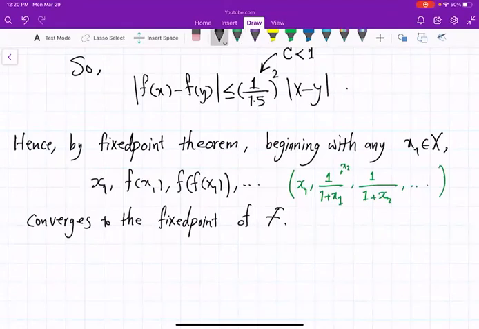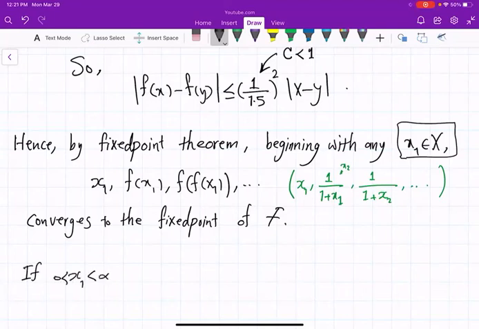The problem now: have we solved the problem completely? No, because if I pick x1 from within X, I'm good. But in the initial problem, I picked any number x1 between 0 and infinity. Is that a problem? Not too much. If x1 is between 0 and infinity, then x2, which is 1 over 1 plus x1, where can it be?